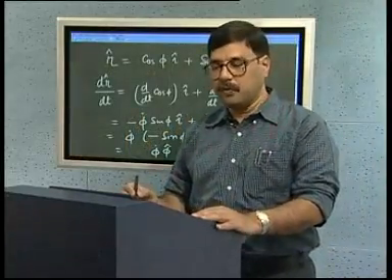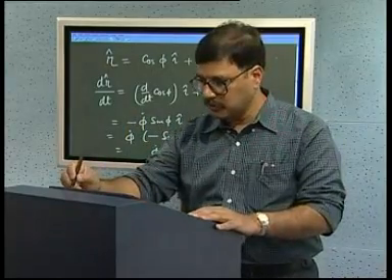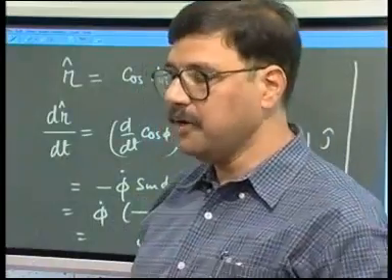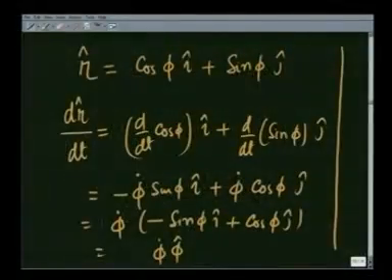So, we see from the definition also that the rate of change of unit vector r is phi dot phi. It is good to see a derivation mathematically as well as geometrically.